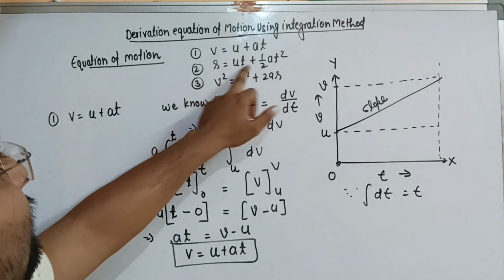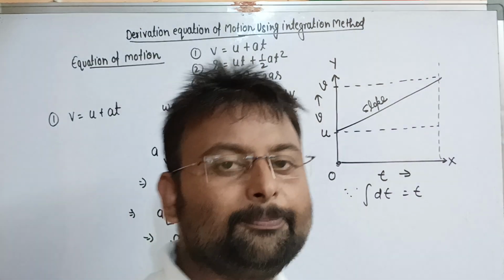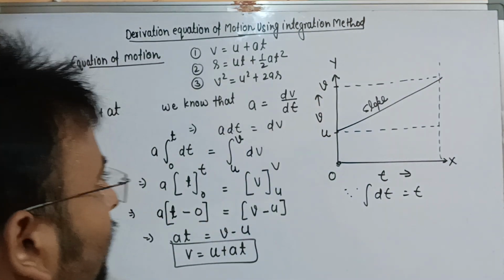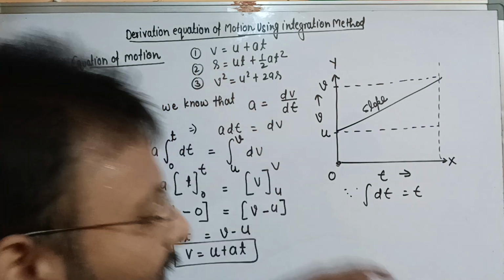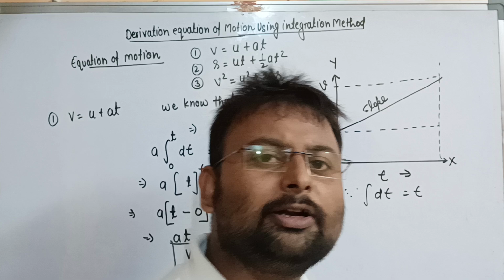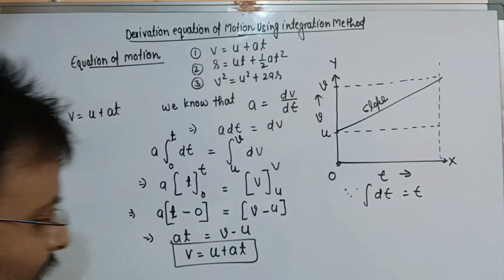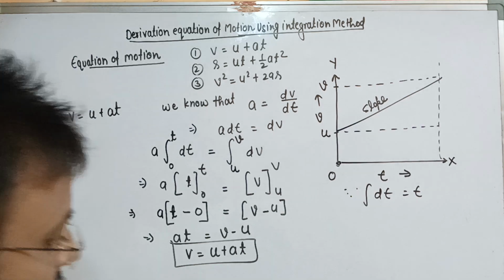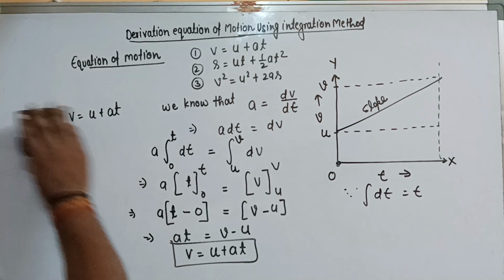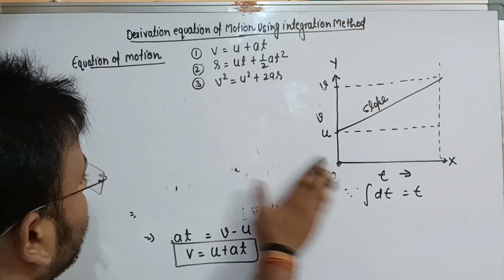Then the second equation of motion, s is equal to ut plus half at square. How is the second equation derived, for the distance gone? We solve this equation.